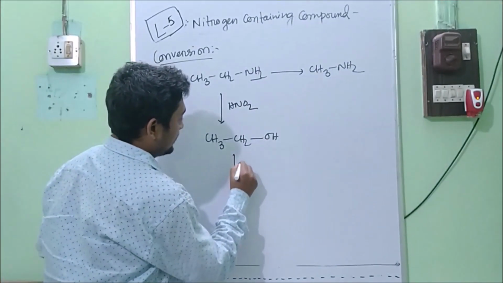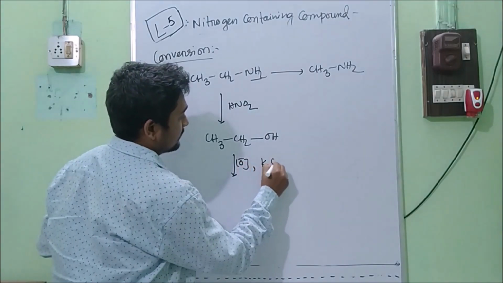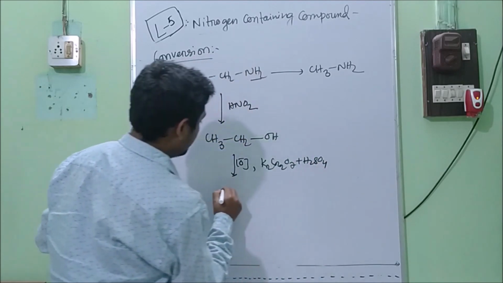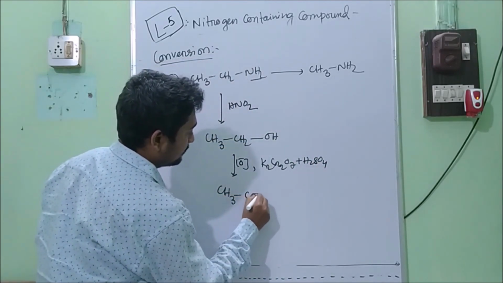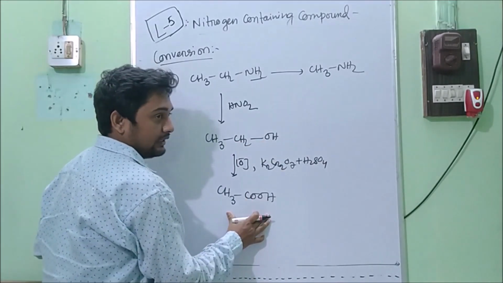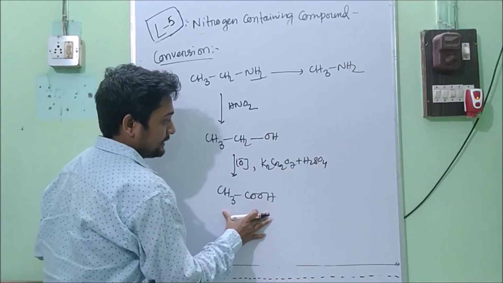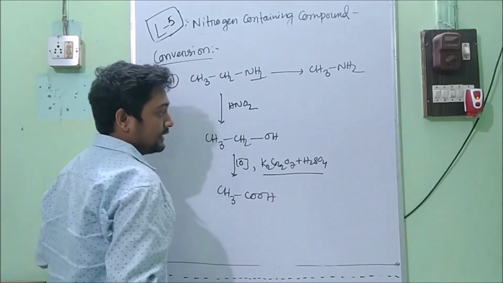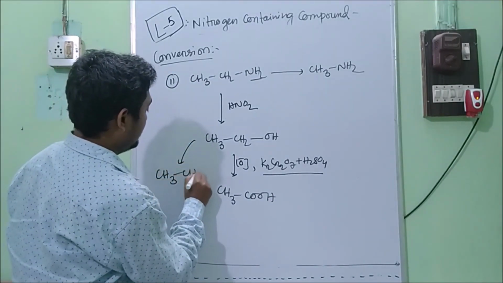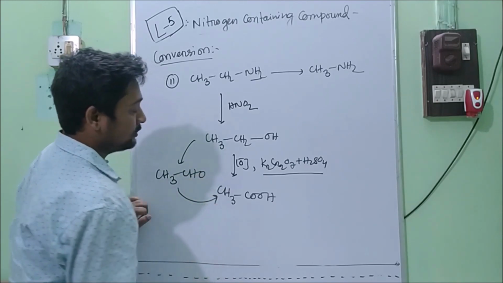Now if you oxidize it by K2Cr2O7 plus H2SO4, it will convert into CH3COOH, because alcohol will convert into acetic acid, because it is a strong oxidizing agent. So it will first convert into acetaldehyde, again it will convert into acetic acid.